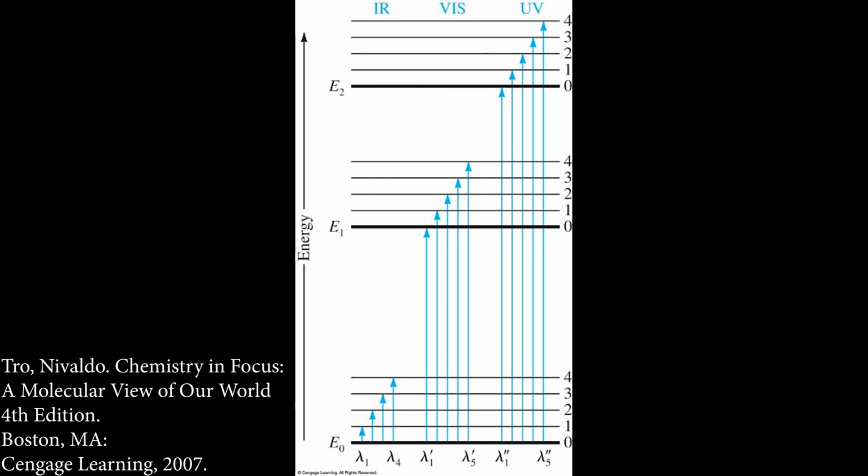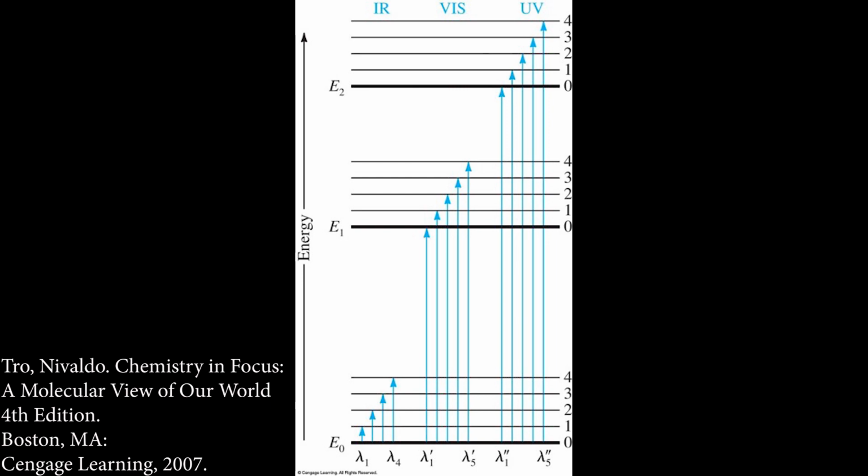So when we see interactions in the IR, it's these little jumps between vibrational levels. When we see higher energy interactions in the vis and the UV region, we're actually pushing electrons into higher excited molecular orbital states. Now, the trick is this gets much more complicated because now we don't just have, oh, look, we have 3 or 4 electronic transitions.